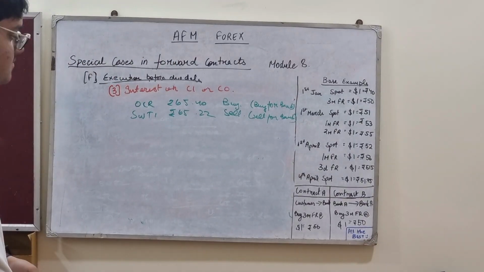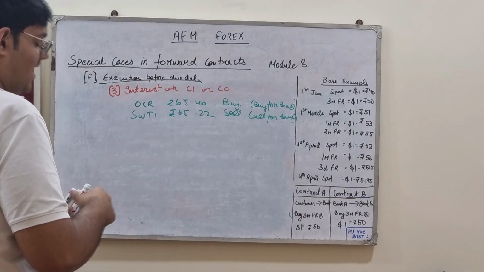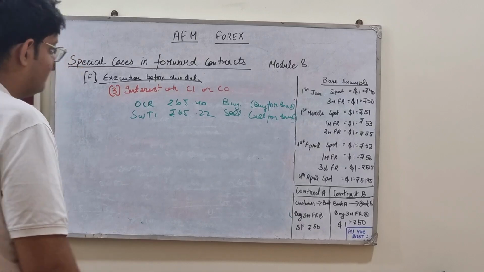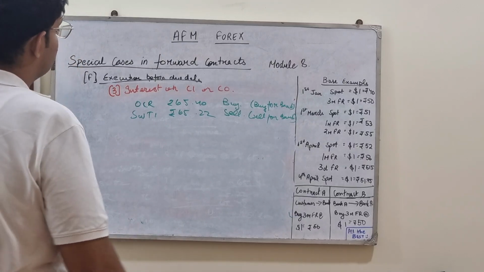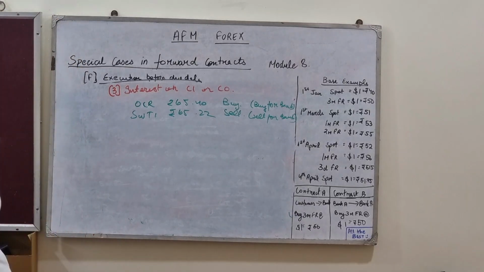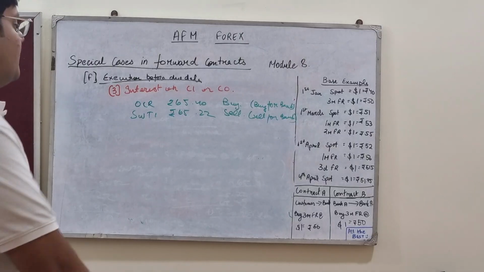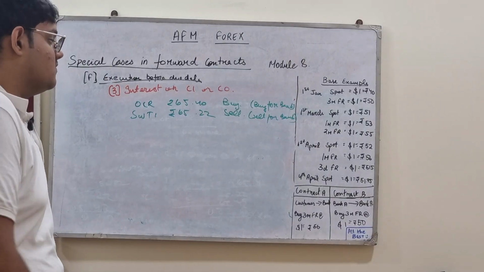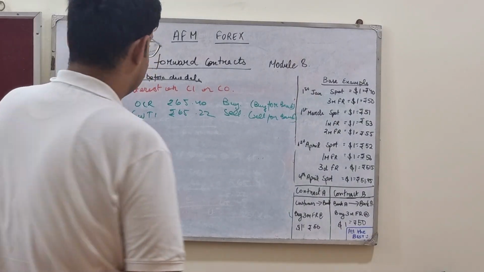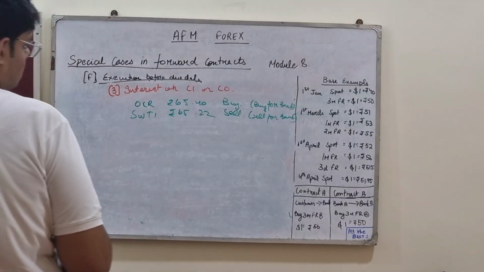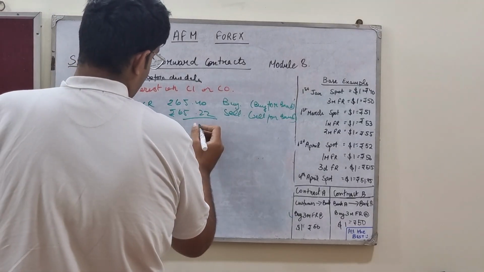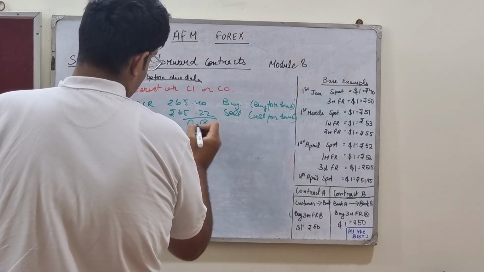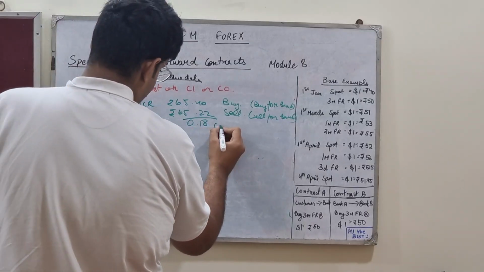Alright. If you actually slow it down and listen, I think you might understand. So the original contract is for the customer to sell and the bank to buy, and the swap transaction one is for the bank to sell. Alright. So here the loss comes to 0.18, which is a cash outflow.